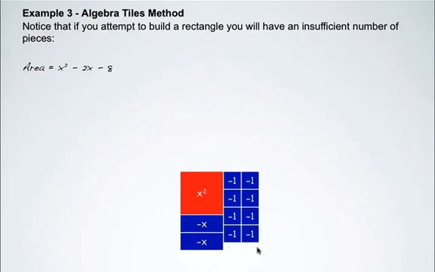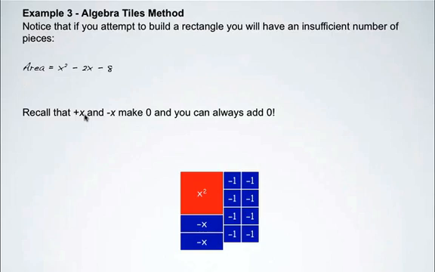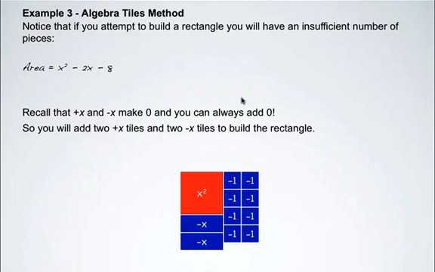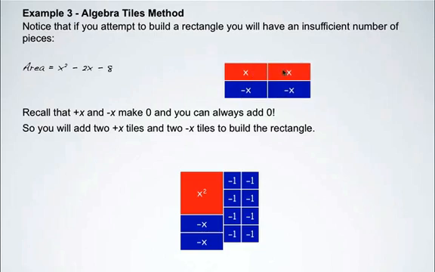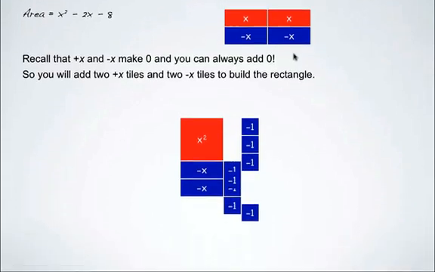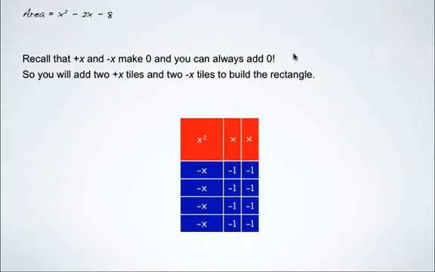We've got a little gap here missing. Recall that plus x and minus x make 0, so that you can always add 0. So you will add 2 positive x tiles and 2 negative x tiles to build the rectangle. 2 positive x, 2 negative x's. Together these all make 0, so we can add them in. We shuffle things around, and there we are.